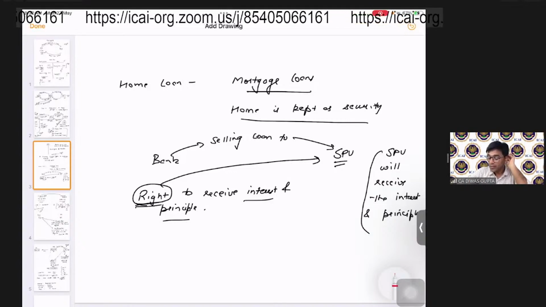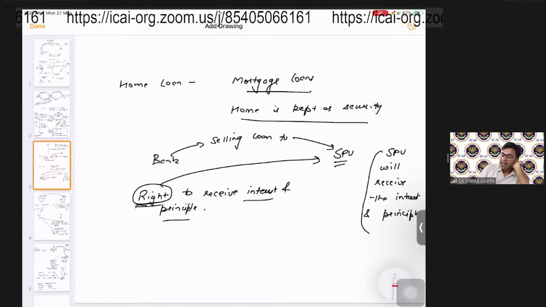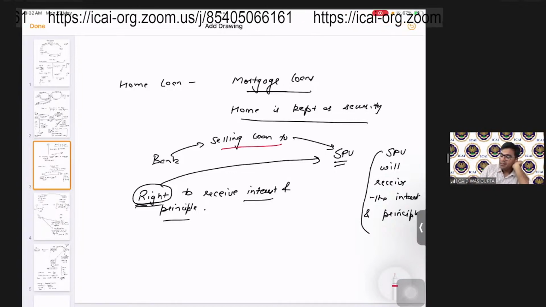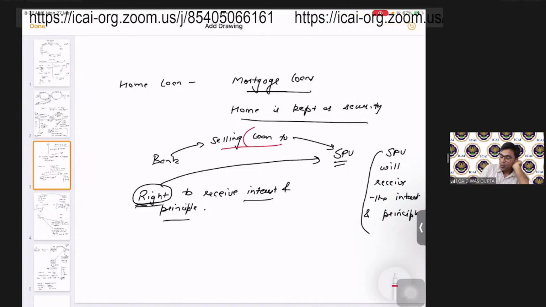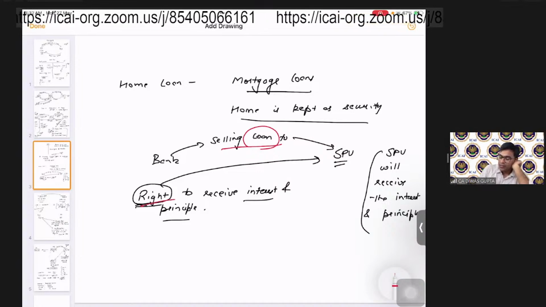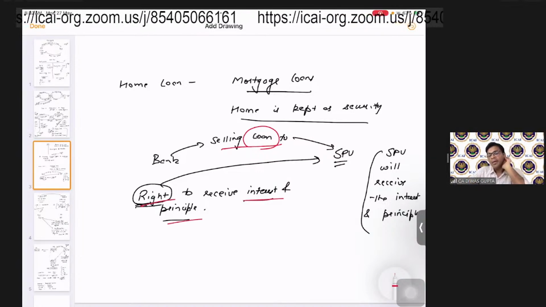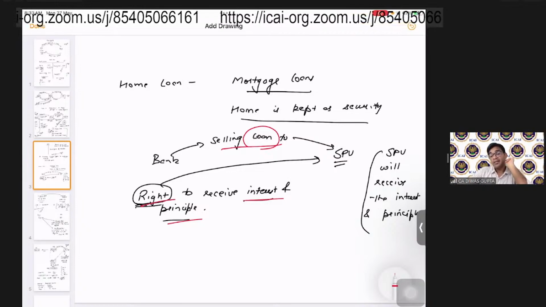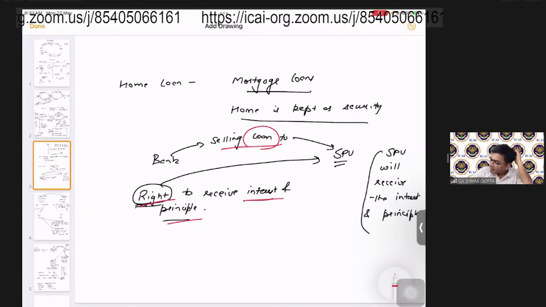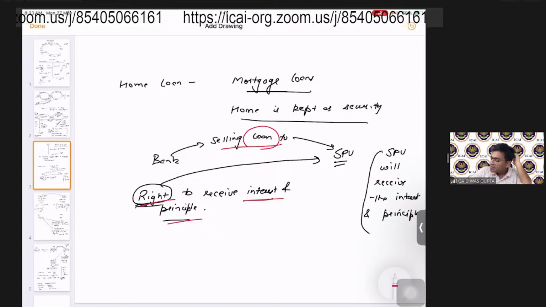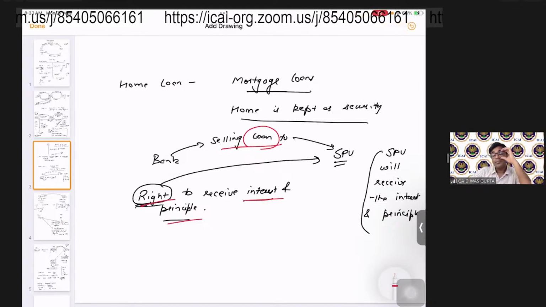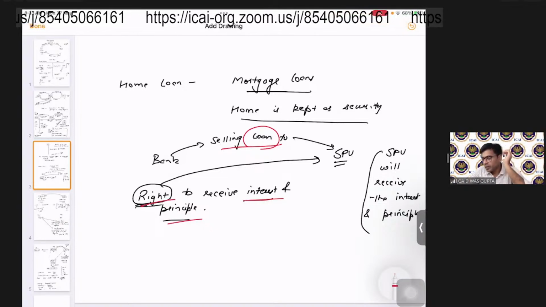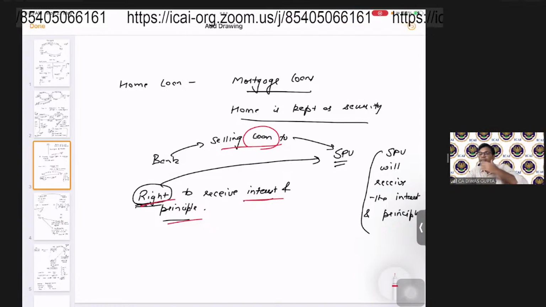Now, if the bank is selling the loan to the SPV, what does this loan mean? Loan means the right to receive the interest and principal, right? The bank is selling that right to receive the interest and principal to the SPV. And in turn, the SPV will receive the interest and principal, students. True?